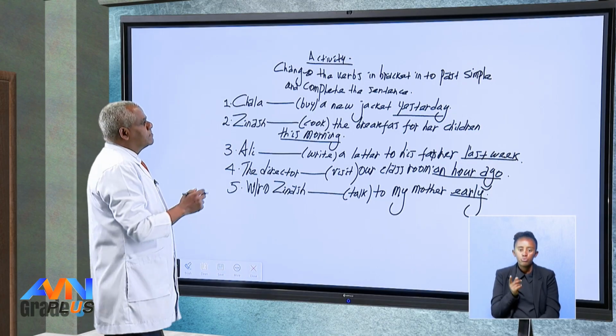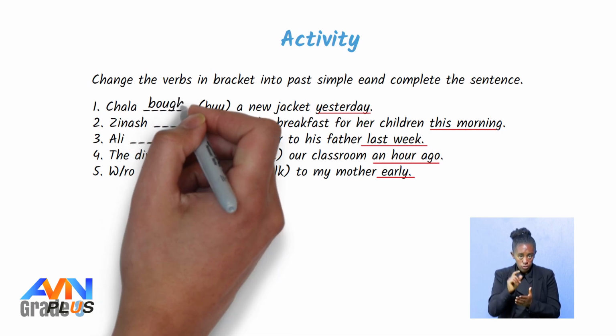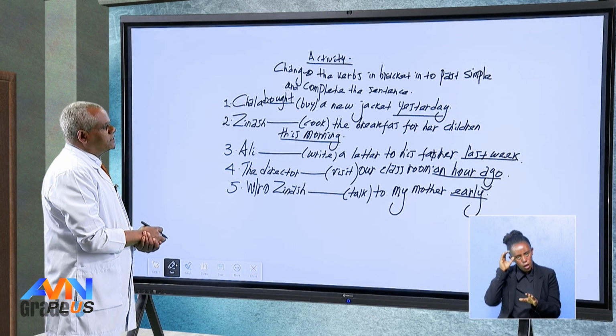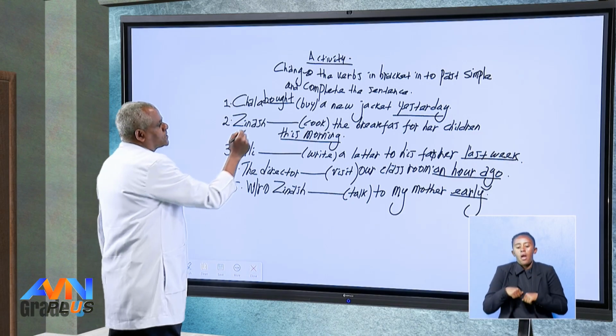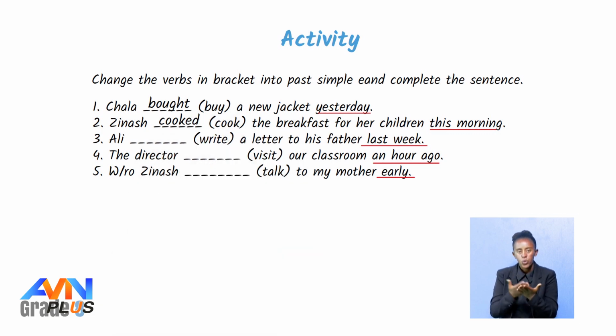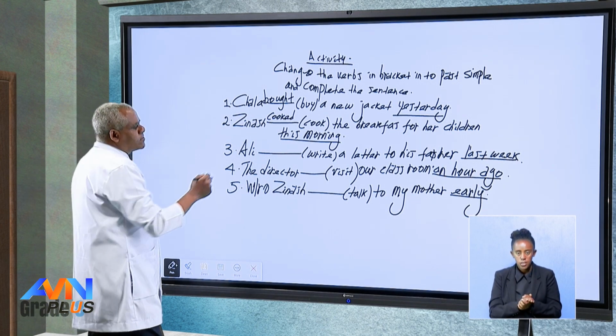Chala, what is that? Good, that's interesting. Bought. Have you written like this? Yeah. Chala bought a new jacket yesterday. Zinash cooked. Cooked. Yeah, that's right. Ali wrote.